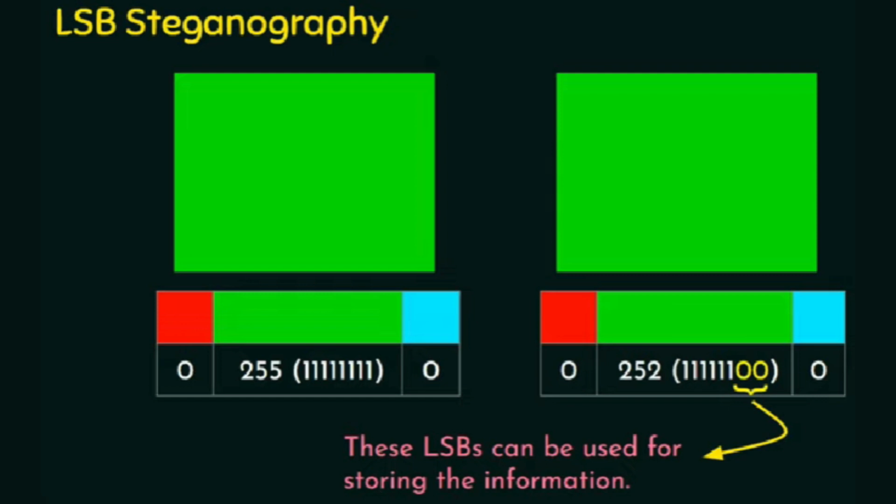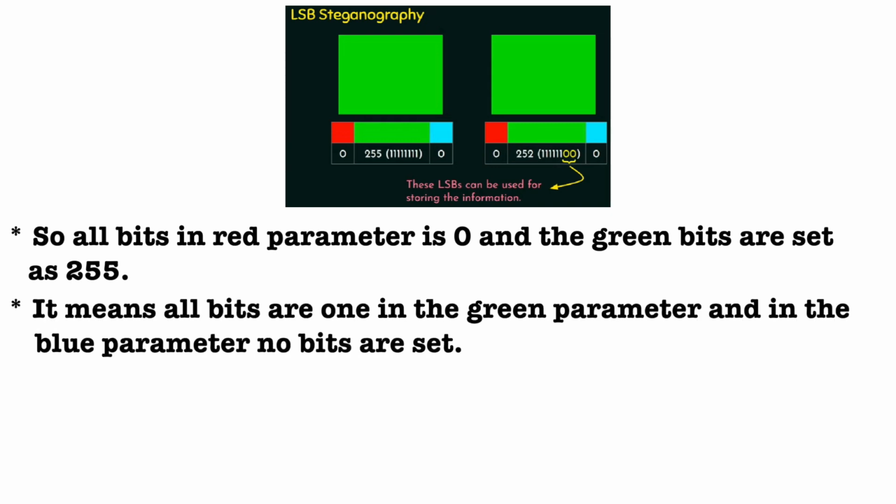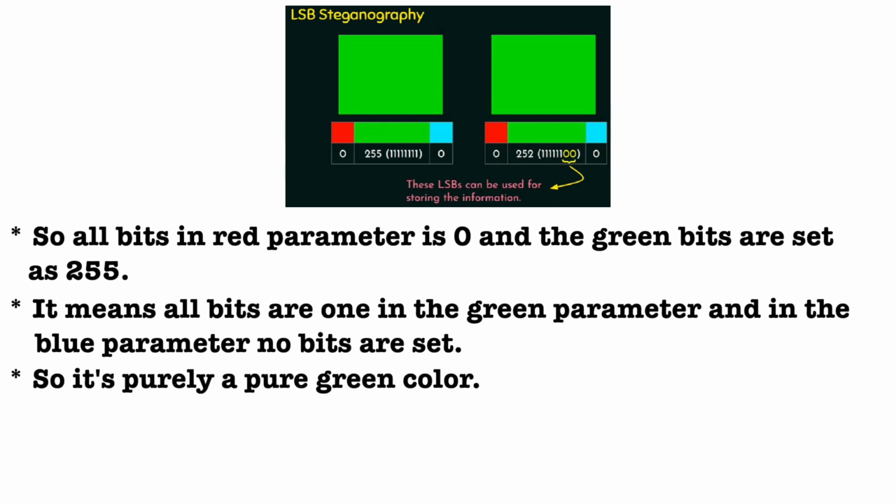In this color representation, there is no red color set, so all bits in the red parameter are 0, and the green parameter is set as 255. It means all bits are 1 in the green parameter, and in the blue parameter no bits are set. So it's a pure green color.